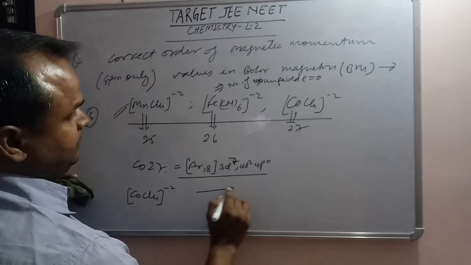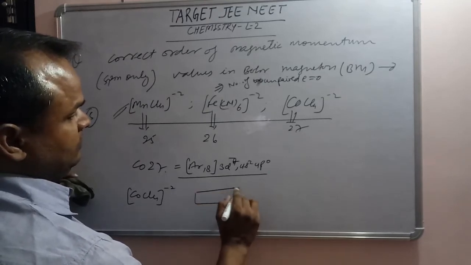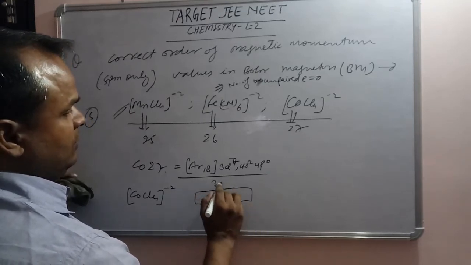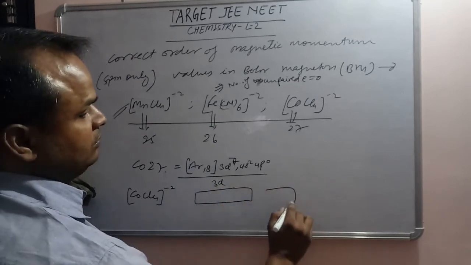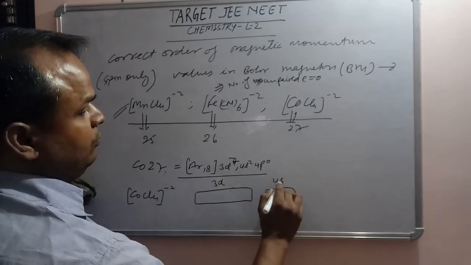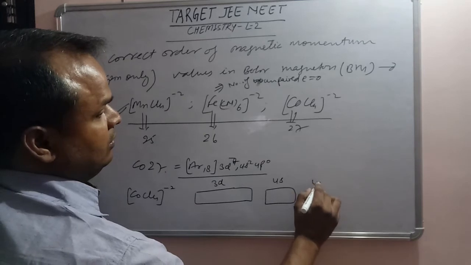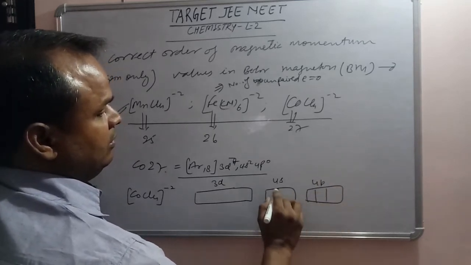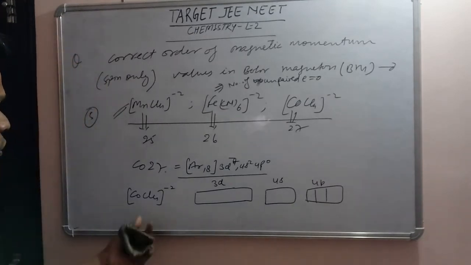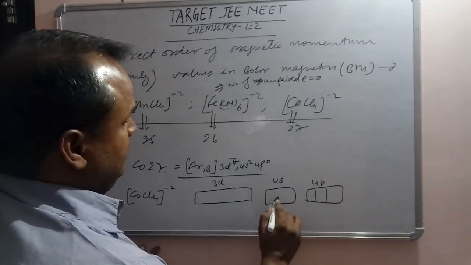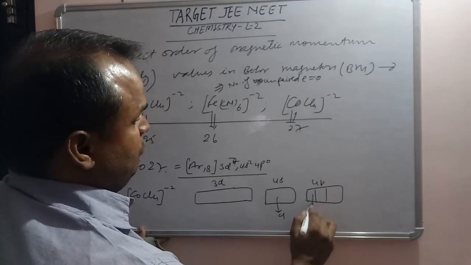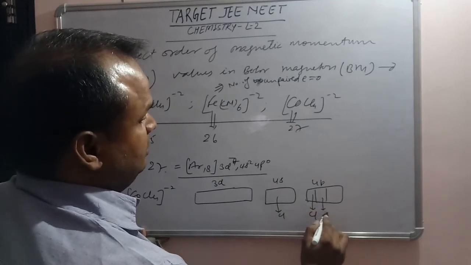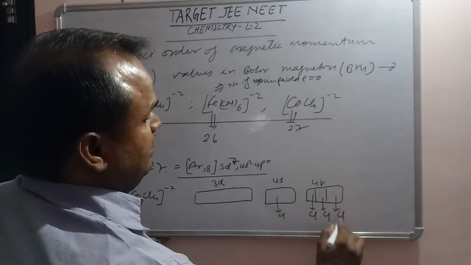It means 3d, 4s, 4p, like this. We are having only 4 Cl, so it is clear that 1 Cl here, 1 Cl here, 1 Cl here, 1 Cl here.